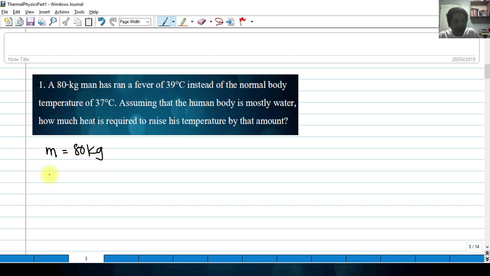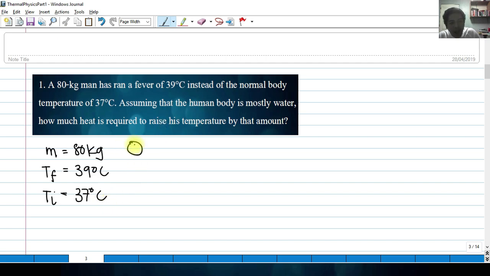And again, the man has a fever. So basically, we can say that the final temperature of that man is 39 degrees Celsius and its initial temperature is 37 degrees Celsius. Assuming that the human body is mostly water, how much heat is required to raise his temperature by that amount?